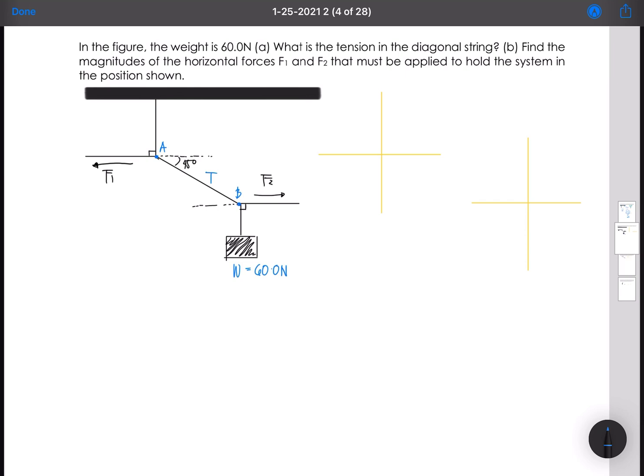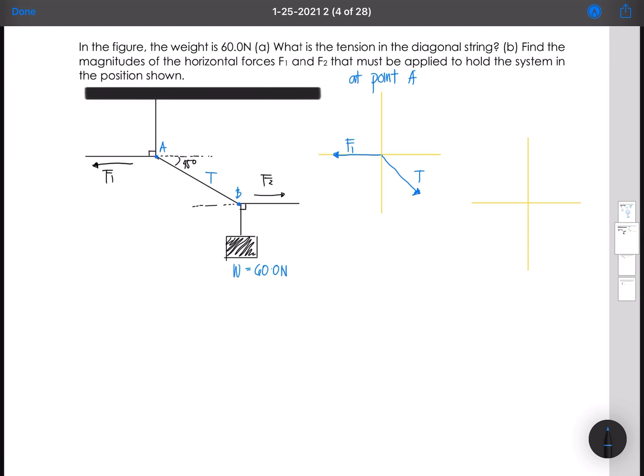First, let's have point A. At point A, the first force we have there is F1, directed towards the negative x-axis, and we have here tension, the force that is present in the diagonal string.